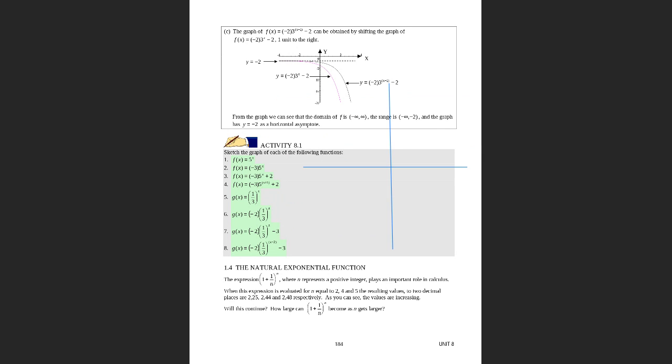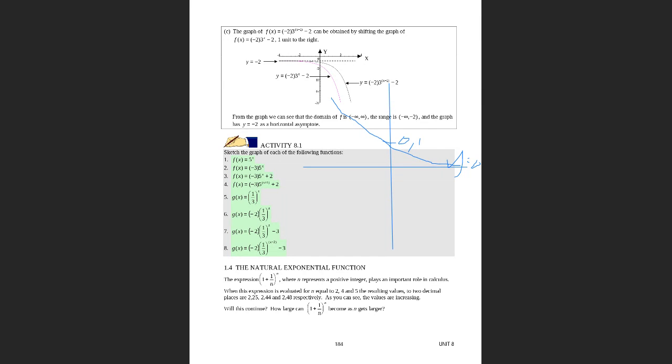So in this case, the original function will still have an asymptote of y equals to 0, but it is going to have a y-intercept of 0 and 1. At this time, our graph is going to be a decreasing function like this.